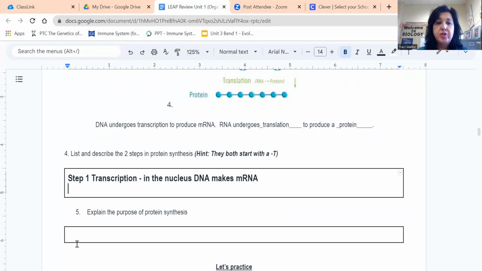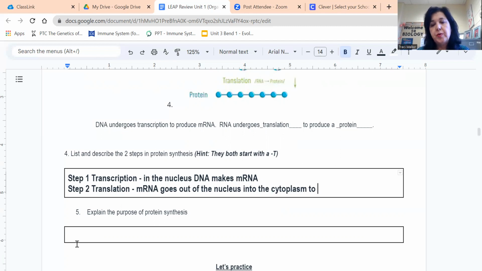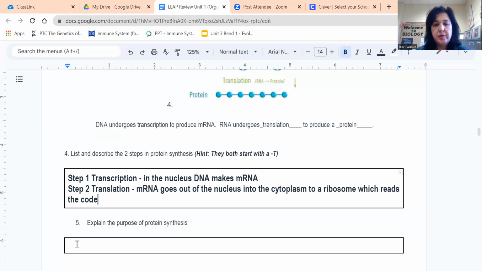And then in step 2, which is called translation, the messenger RNA goes out of the nucleus into the cytoplasm to a ribosome, which reads the code and builds the protein by connecting amino acids together.